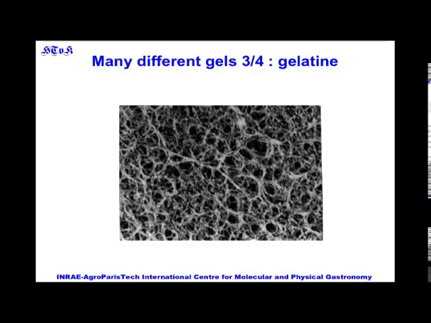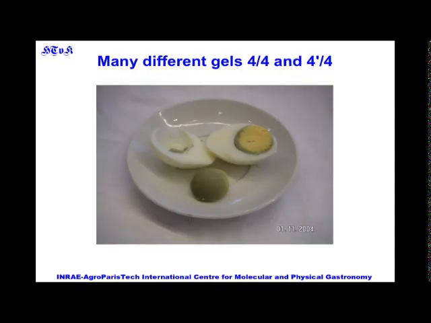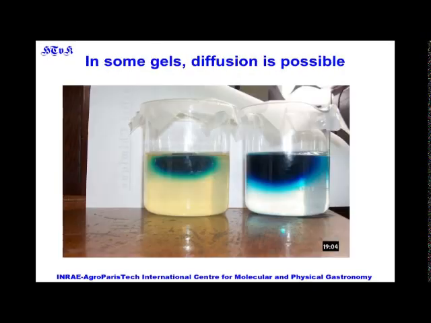Now we come back to the simplest gel, gelatin gel. You see in white the protein from collagen making a network, a mesh, and inside you have the water making another, continuous mesh. And as well, cooked eggs, the cooked yolk or cooked white, are gels.